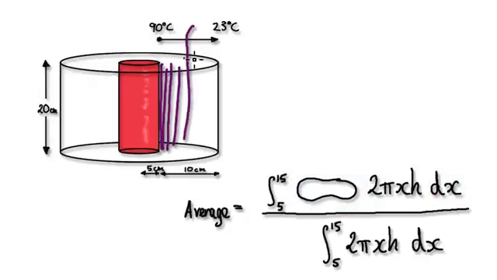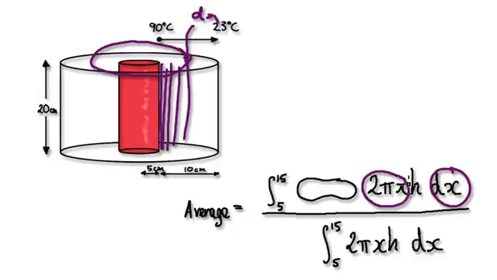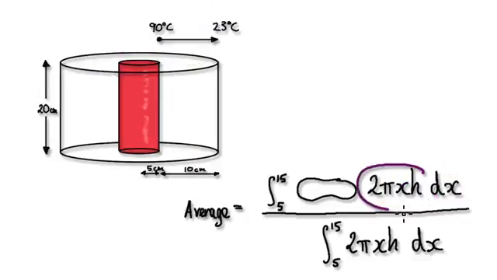So the thickness here is dx, and then we've got to times it with the circumference, and then we've got to times it with the height. This will give us the volume of the cylinder.